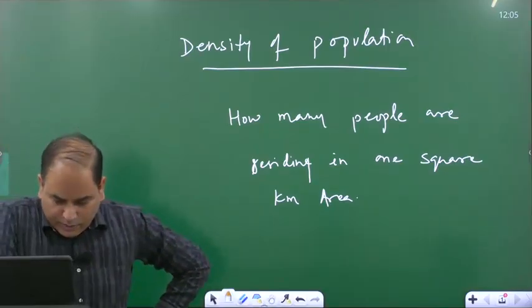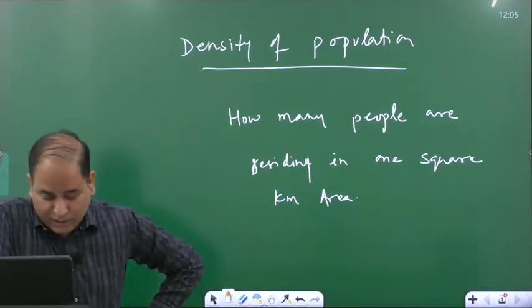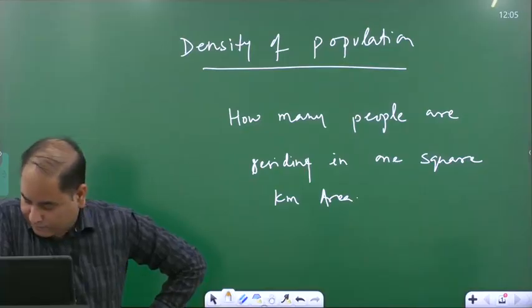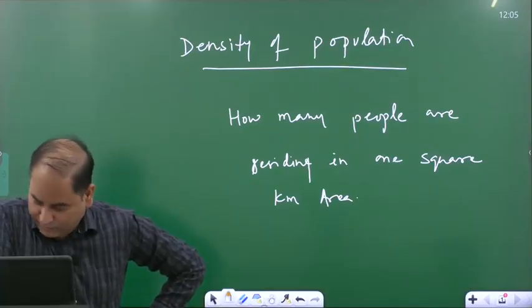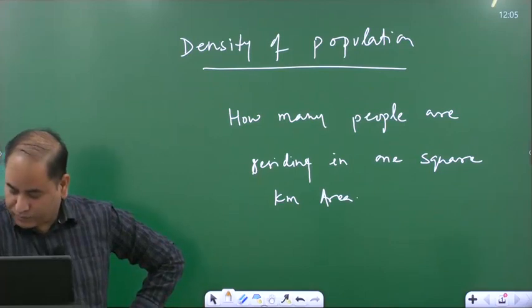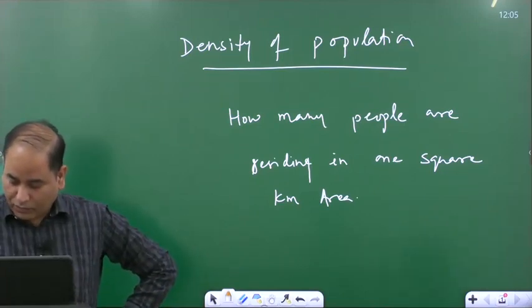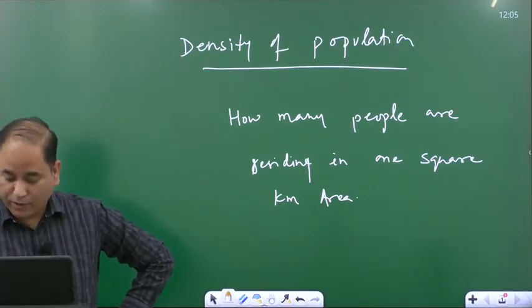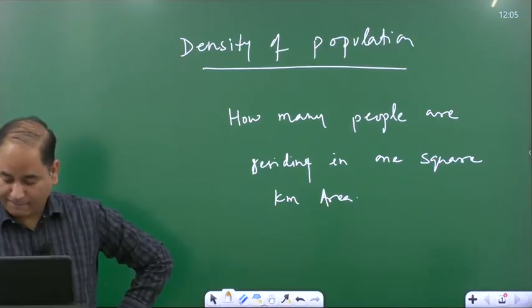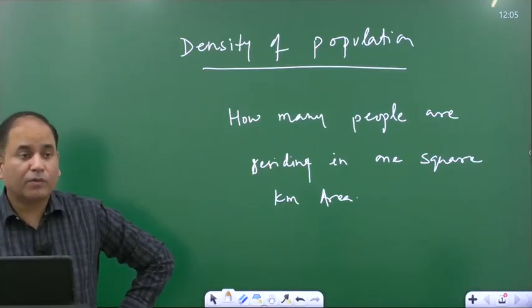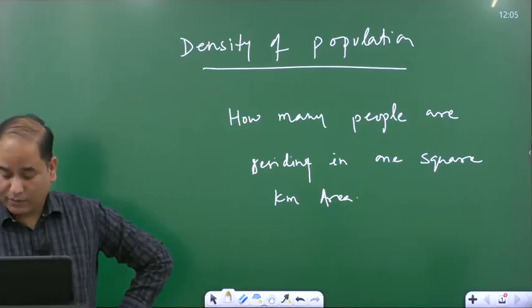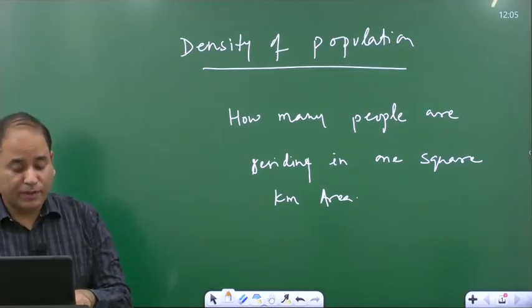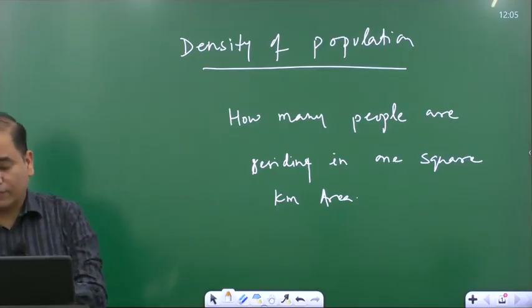As far as the State of World Population Report 2023 is concerned, it has not highlighted the density. You can note it down. As per the 2014 World Population Data Sheet, the most populous country, China, was having 143 persons per square kilometer density.